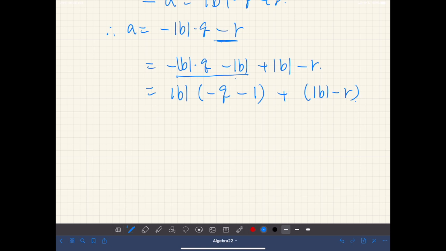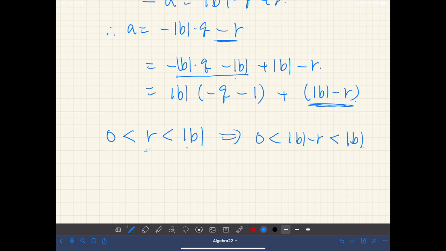Now, if r is greater than 0 and less than the modulus of b, this means this quantity, the modulus of b minus r, is greater than 0. The modulus of b minus r should be positive. And this quantity is, of course, less than the modulus of b.